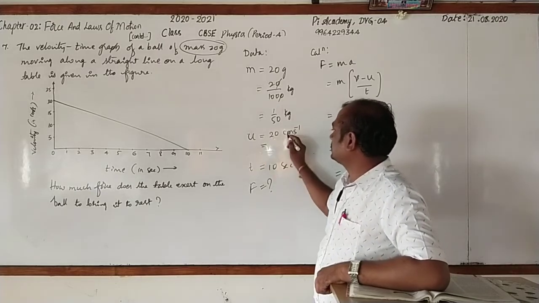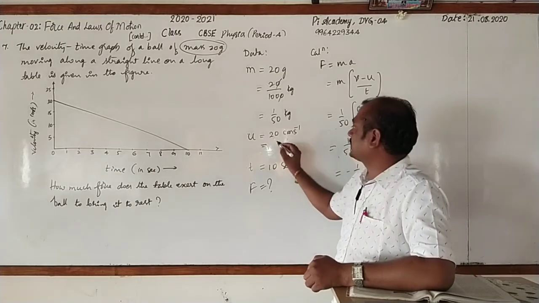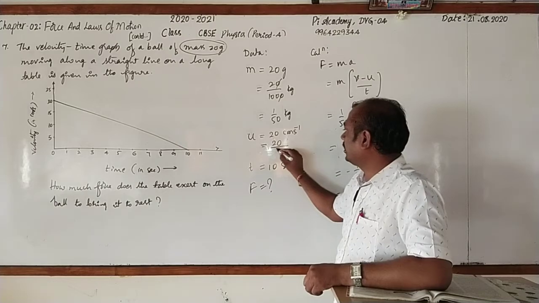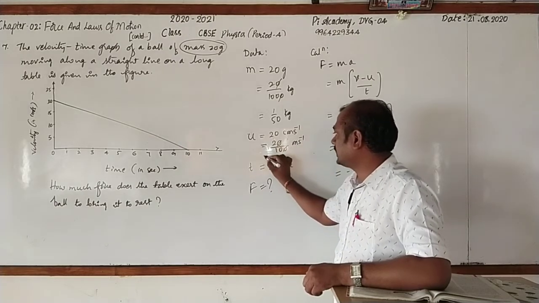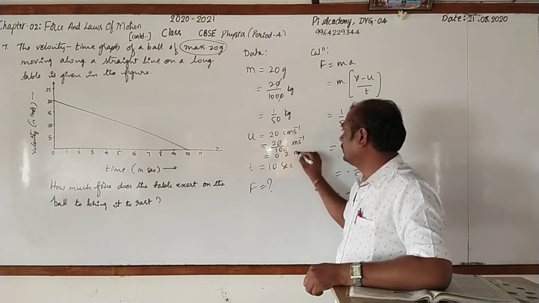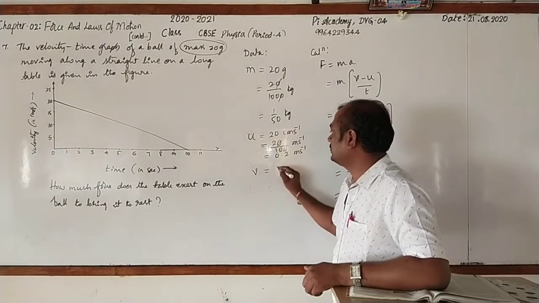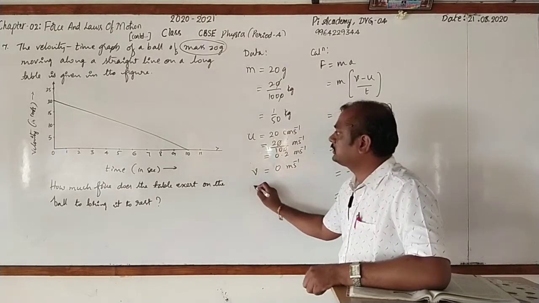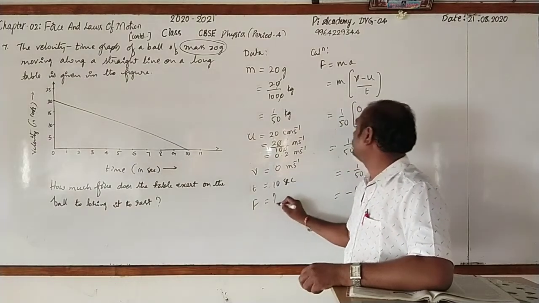Convert this into meter per second. 20 centimeter can be written as 20 by 100 meter per second. It is 0.2 meter per second. Then final velocity is 0 meter per second. Now we can write time. It is 10 seconds. F is to be found out.